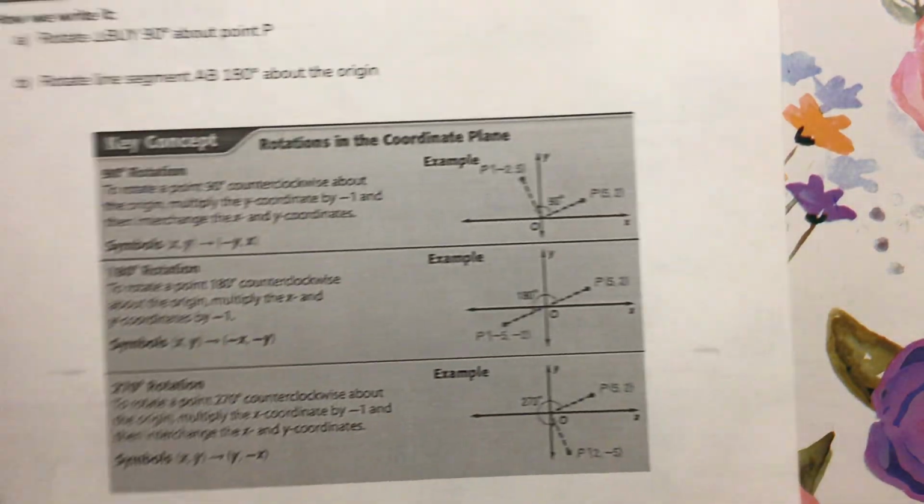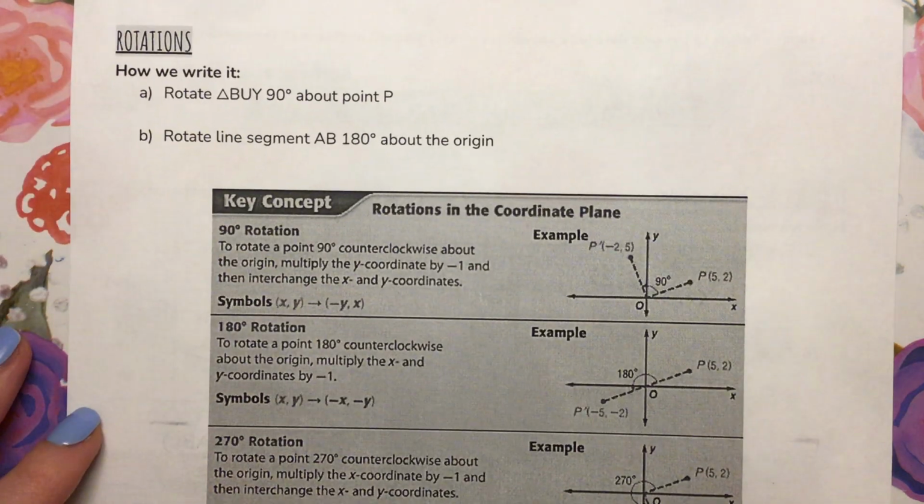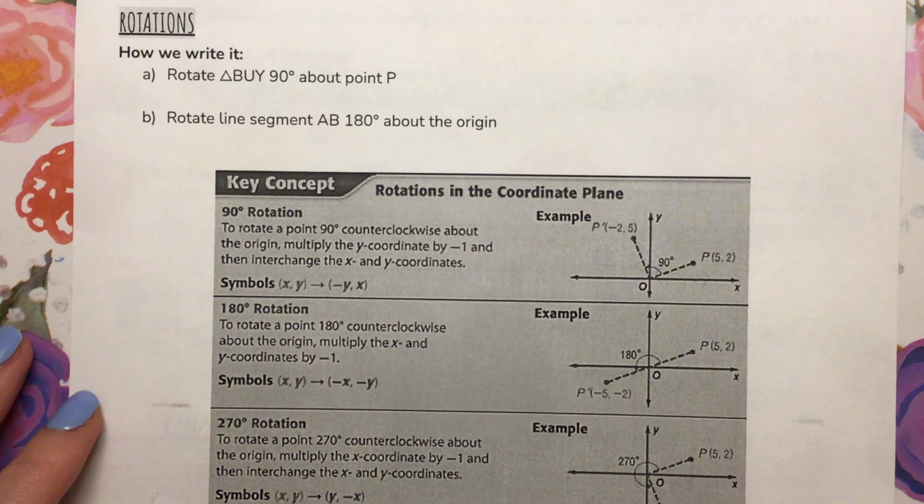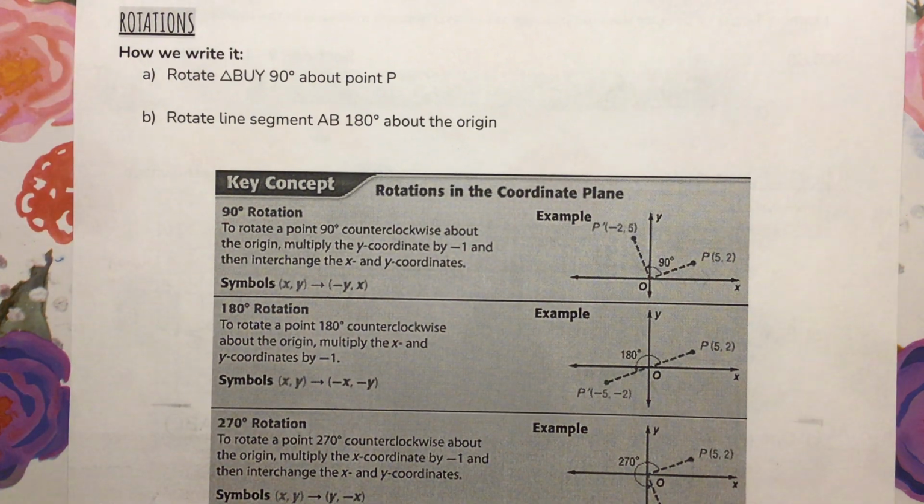Okay. Finally, we have writing rules of rotations. So here it says, how do you write it? So we can't use R again because we've already used R for reflections. So we're going to have to use a different letter. For rotations, we're going to use the letter Q, I apologize.